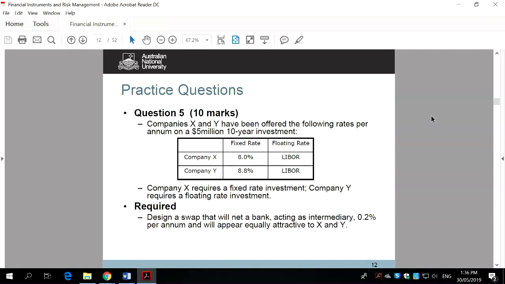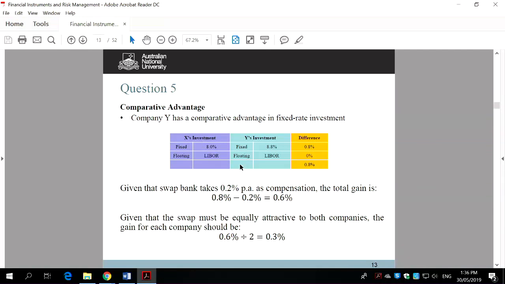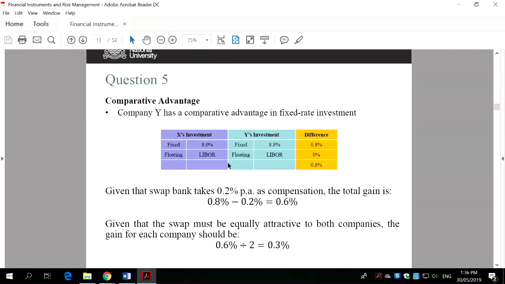You've done this in your mid-semester test, right? So basically, the first step is to analyze the comparative advantage of company X and company Y. What we realize here is that company Y has a comparative advantage in the fixed rate of return, right? Because company Y's fixed rate of return is 0.8% higher compared to X's investments.